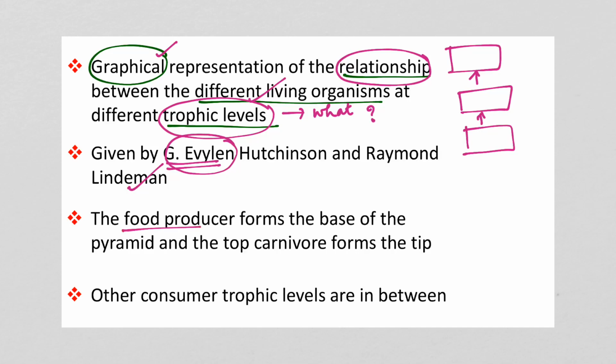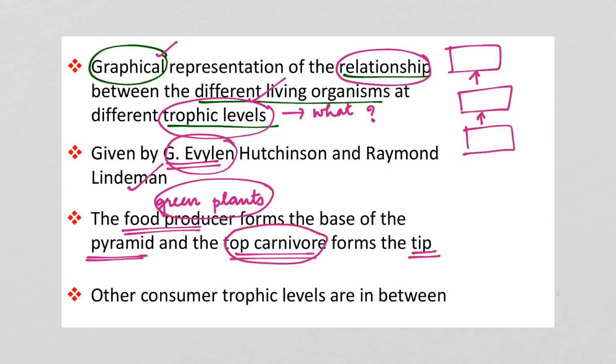Now the food producer, that is the green plants, forms the base of the pyramid, and the top carnivore forms the tip. So the base of the pyramid starts with the producers, and the tip is formed by the top carnivore. The other consumer trophic levels are in between the producers and the top carnivores.